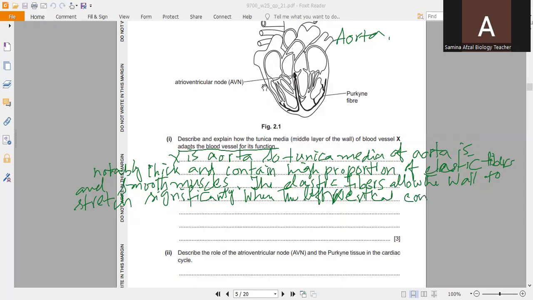contracts. So the left ventricle pushes the blood towards the aorta, and the aorta distributes the oxygenated blood throughout the body. So it needs more elastic fibers, and you can see the smooth muscles. And the second type of muscle, as I have told you, is smooth muscle.